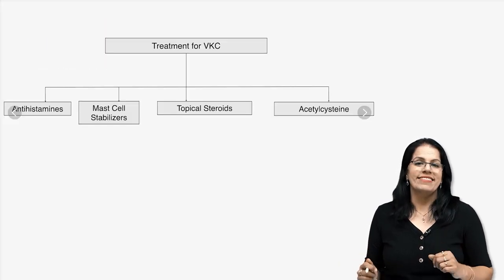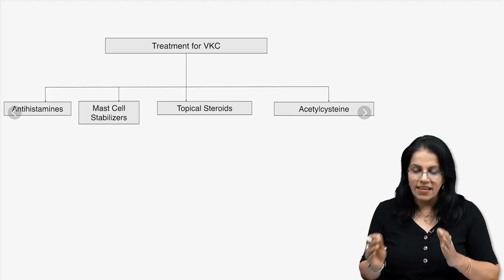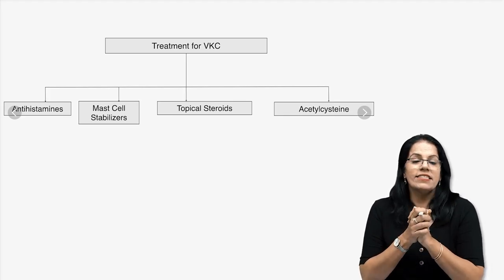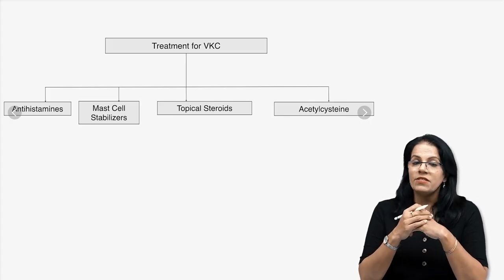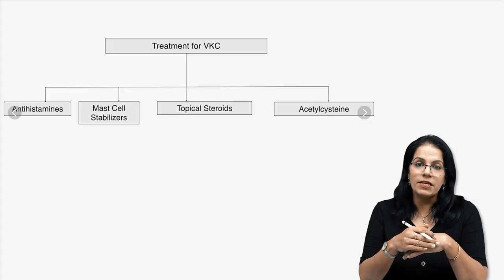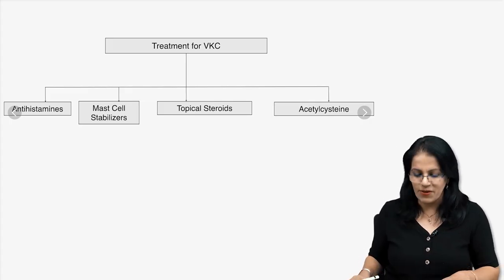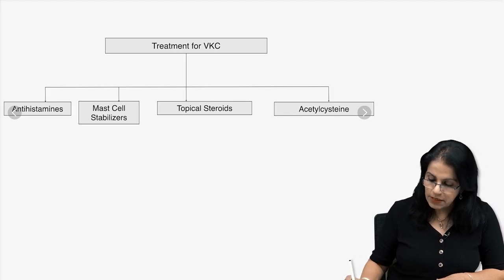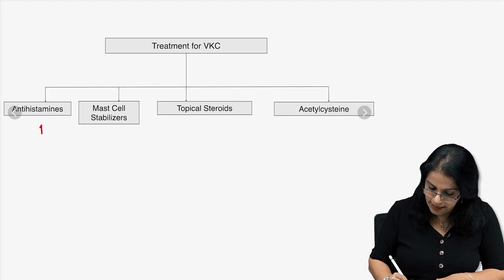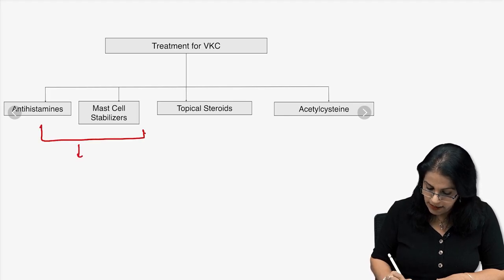We come to treatment. When you say treatment, it's allergic conjunctivitis. Nowadays, what we choose is a drug which has both actions. It's an antihistaminic also and it's a mast cell stabilizer also. What are the names where it is both antihistaminic and mast cell stabilizer? Let's note down. First is your olopatadine.